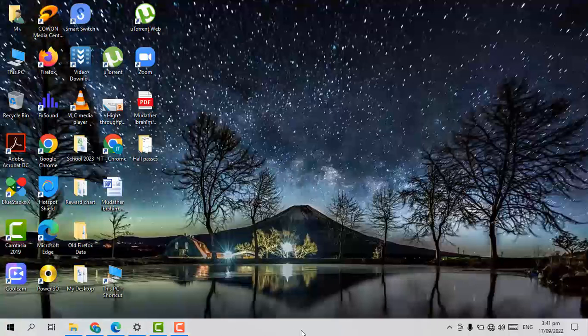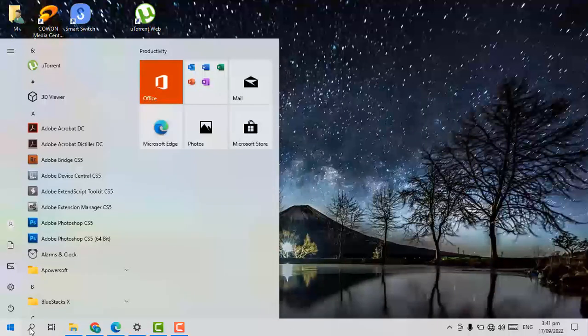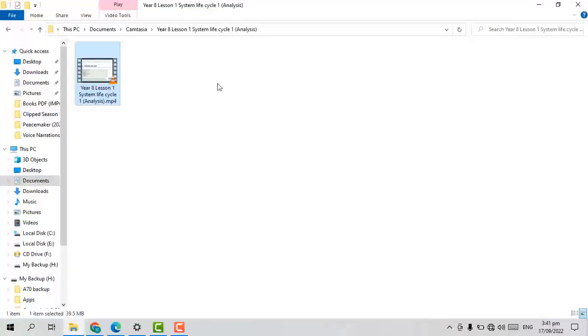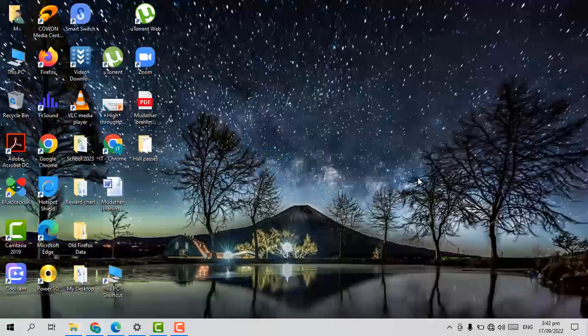This is the start, the taskbar, and the start menu, and this is the file explorer to which you can see your files. You have options here. You can navigate from one folder to another or one disk to another. What you see as a user is called the user interface.